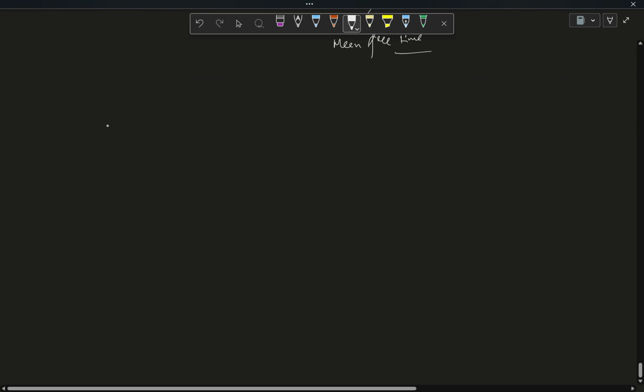So another example problem can be example number 2, let's say.